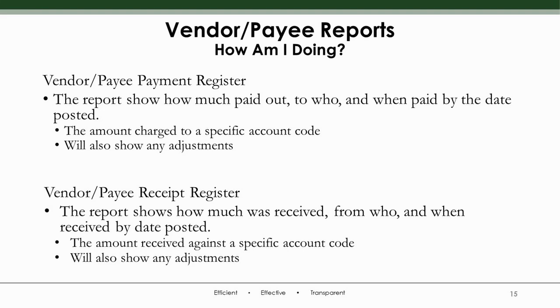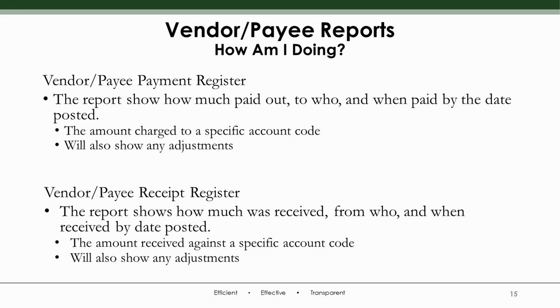As for the receipt register, it will show how much was received from whom and when by the date posted, amount received against a specific account code, and it will show any adjustments. So how come this is used in conjunction with the bank reconciliation report? Because this easily ties transactions that are recorded within UAN based upon transactions and entries to your bank reconciliation.